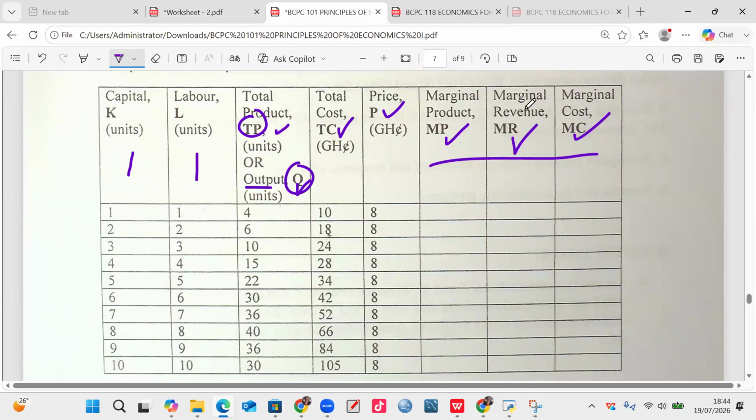So you see, marginal product. Do we have total product in the question? In the table, do you have total product in the columns? Follow me.